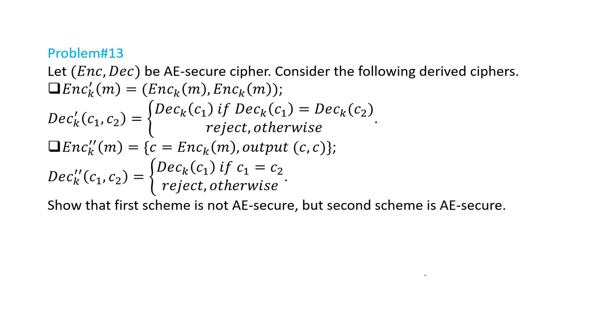So basically you can see that you can break the CCA security of the first scheme. How?